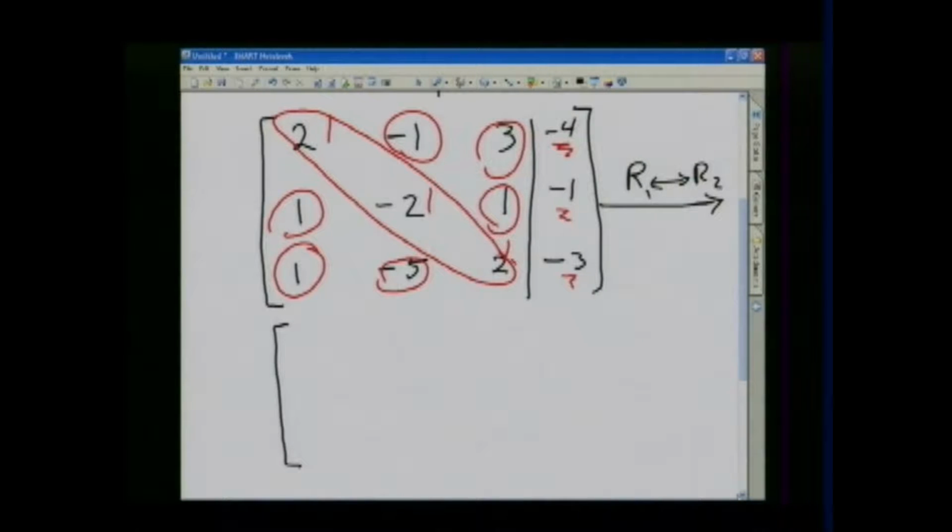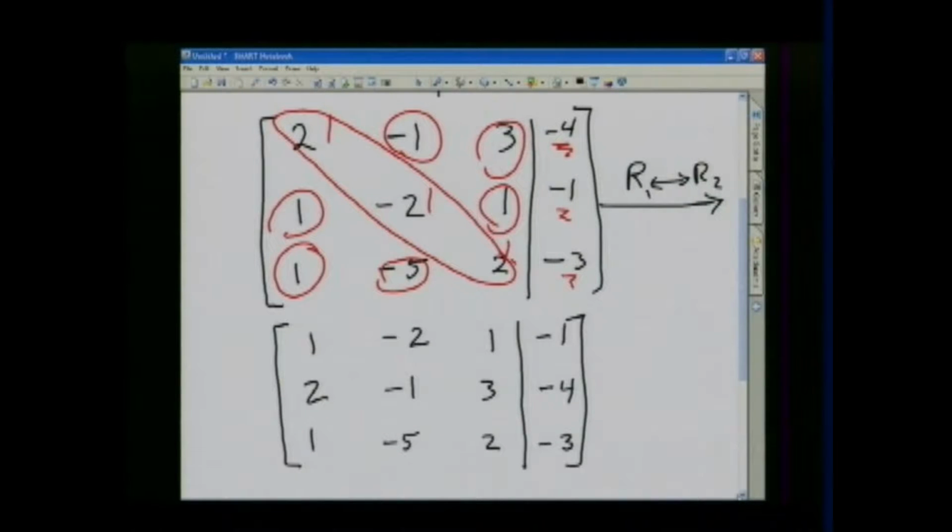Row 2, I'm going to write it first: 1, minus 2, 1, and then minus 1. 2, minus 1, 3, minus 4. 1, minus 5, 2, and minus 3. As you can see, I have 1 right here, and that's what I wanted to do.